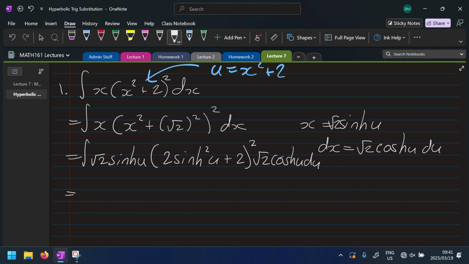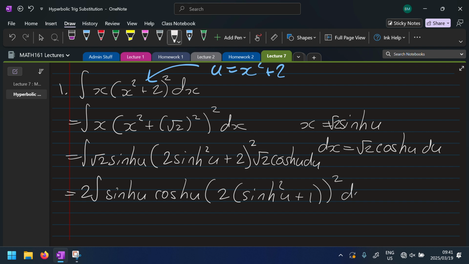Okay, so let's simplify that. We've got a 2 from this times this. We can take that out. Then we're going to have sine hyperbolic u, cos hyperbolic u. Then here we've got another 2 that we're going to take out: sine hyperbolic squared u plus 1, squared.